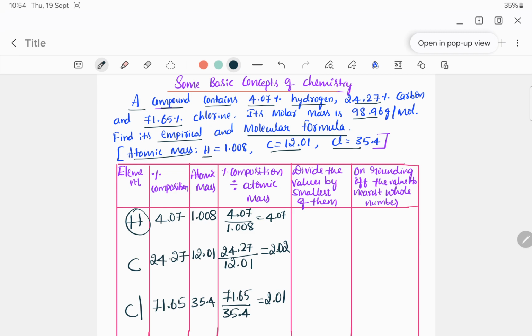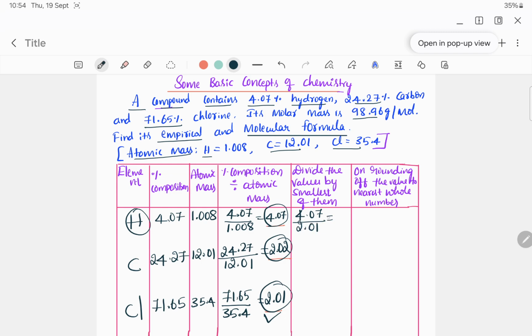Next step, divide the values. Whatever the values here, that is 4.07, 2.02, 2.01, three values we get right here. Now what is the next step? Divide the values by the smallest of them. First value 4.07, I will take 4.07 divided by the smallest number in these three, which is 2.01.